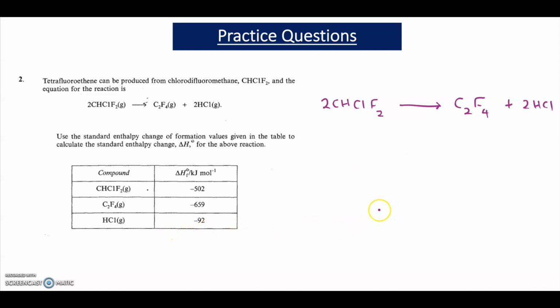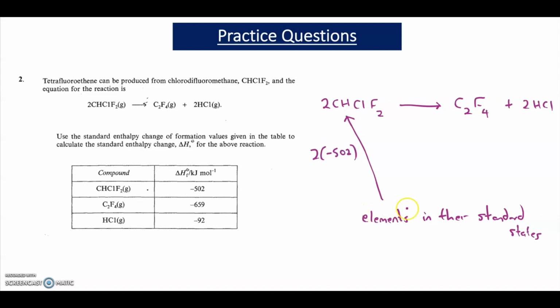So I'm going to write down elements in their standard states, just to remind me that the delta HF values are the enthalpy changes to form 1 mole of a compound from the elements in their standard states. So I'm going to then draw arrows to represent the delta HF values here, because the delta HF value of CHClF2 is minus 502.